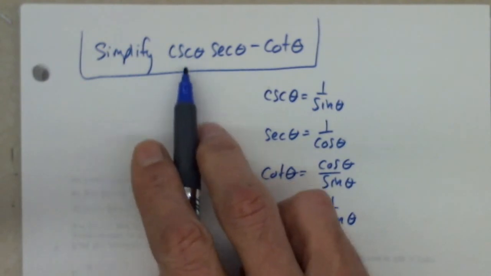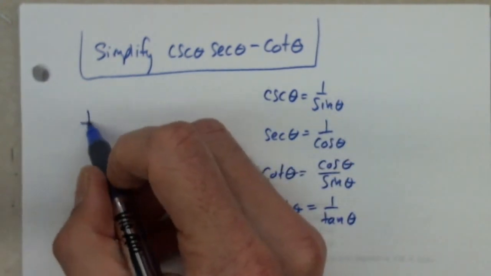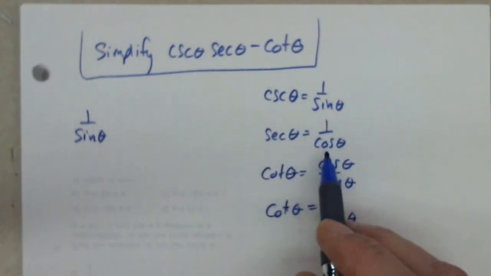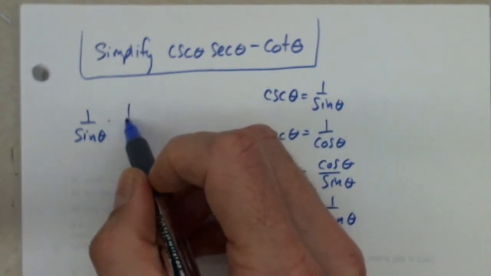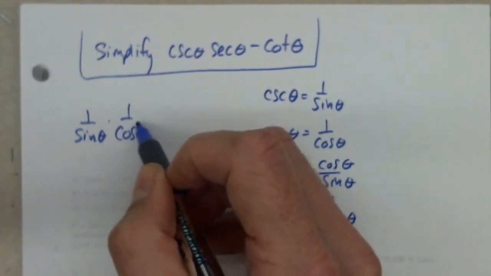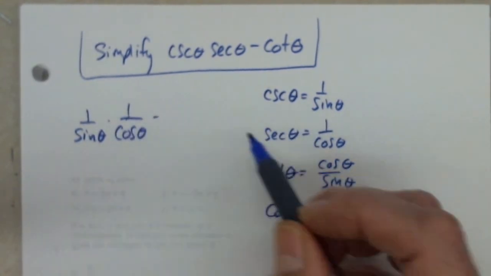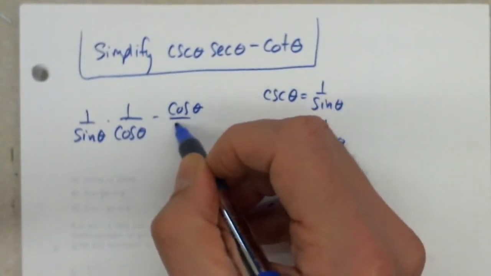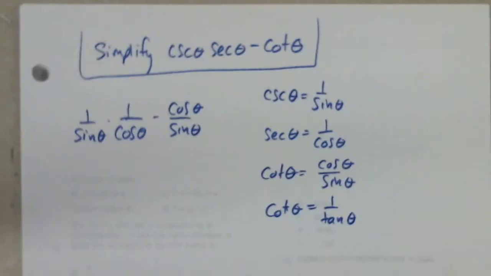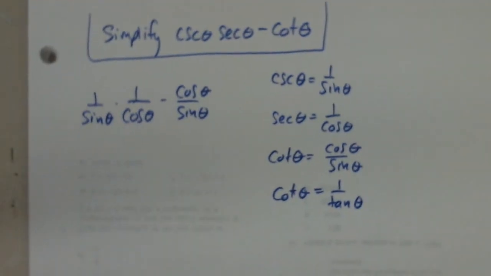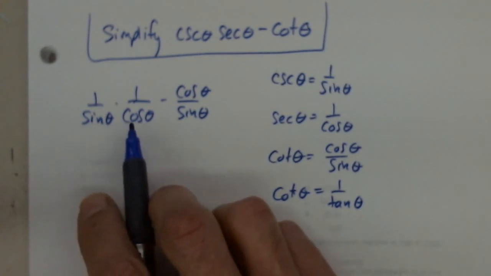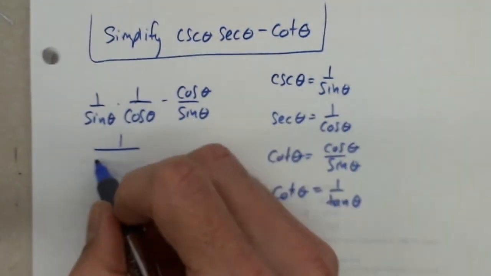So let's try cosecant is 1 over sine. Secant is 1 over cosine. And cotangent is cosine over sine. So here we have sine, cosine in the denominator.